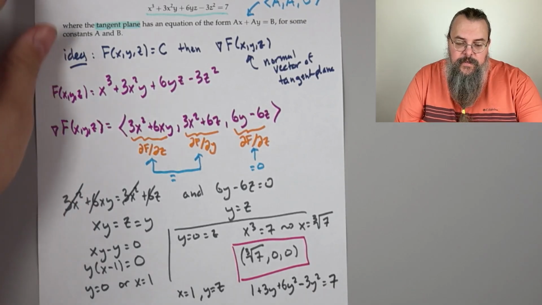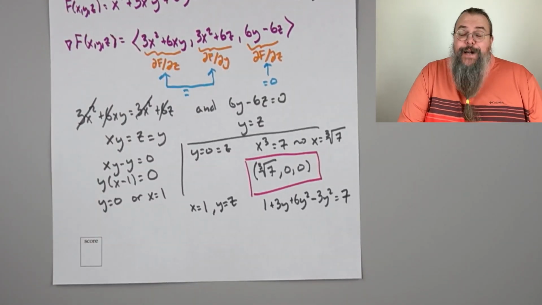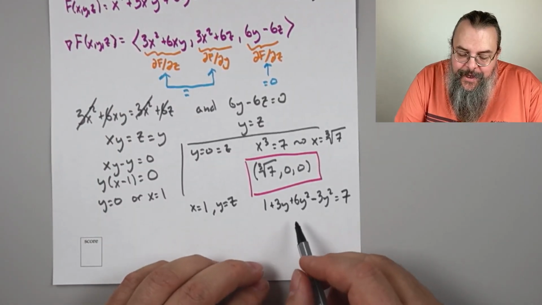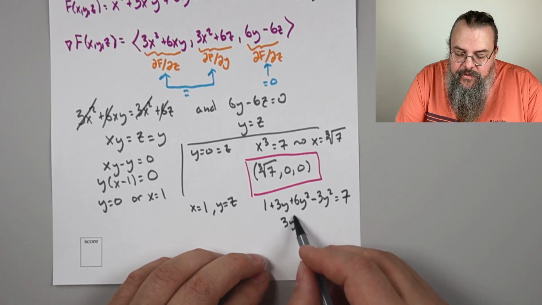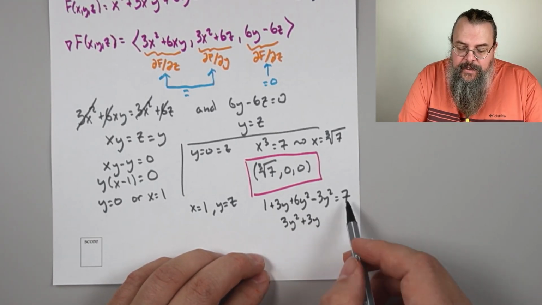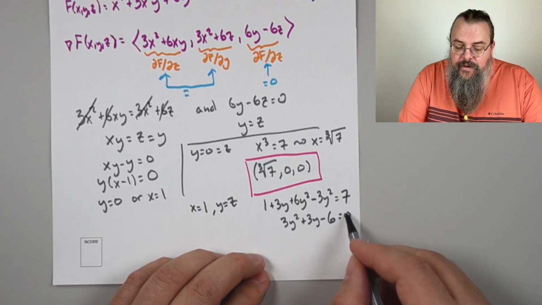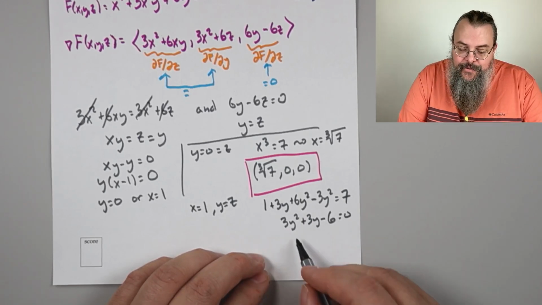All right, so, oh, we're running out of space, but that's okay, we'll make it. I believe in us. This is the same as 3y squared plus 3y, and then subtract 7 minus 6 equals 0. Everything has a factor of 3.